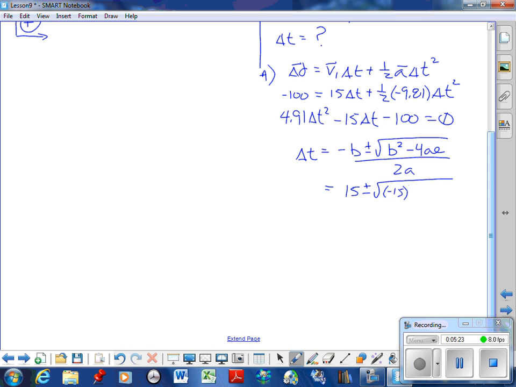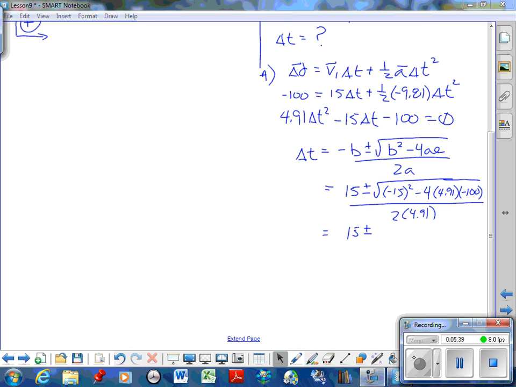So using the quadratic formula to solve for t, negative 100. That's all divided by 2 times 4.91. I would get 15 plus or minus 46.8 over 9.81, which means I'm going to end up with two solutions.